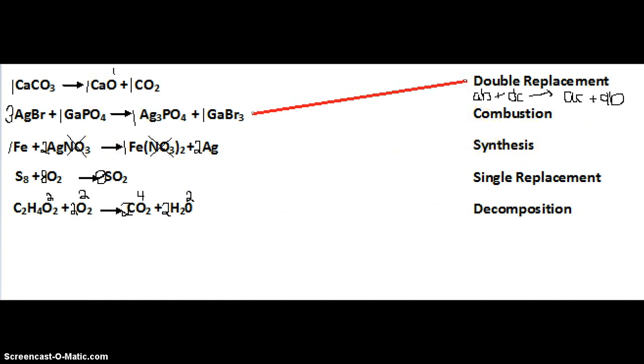Now for combustion. Combustion basically is any chemical reaction that uses oxygen. So it has oxygen on the left side of the equation.